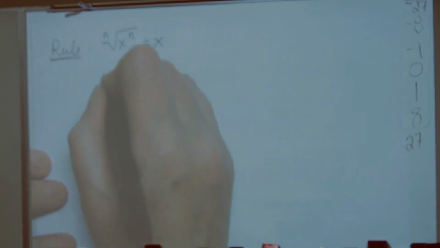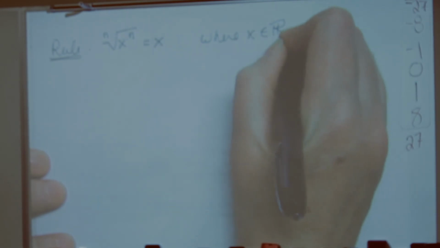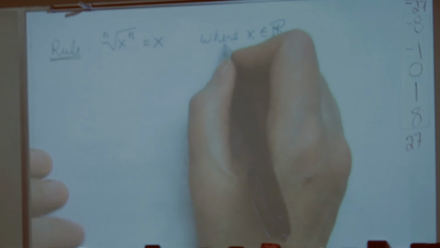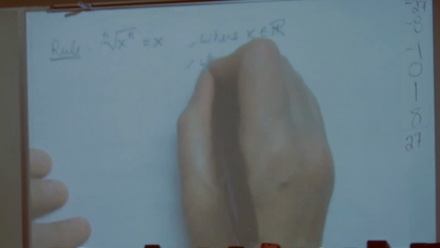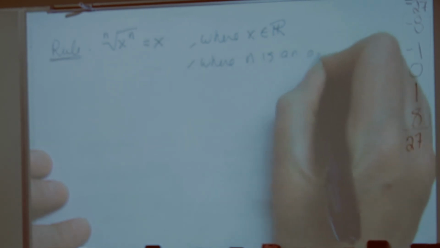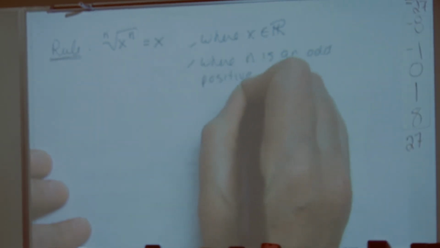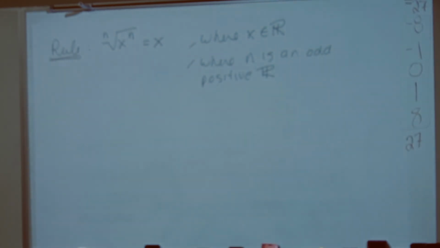Now let's talk about this. Where x belongs to the set of real numbers, that's one thing. And let's talk about this. Where n is an odd, positive, real number. Okay.